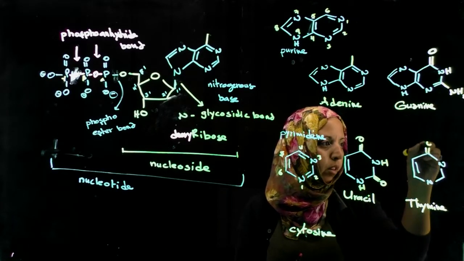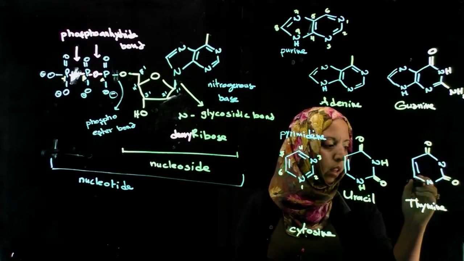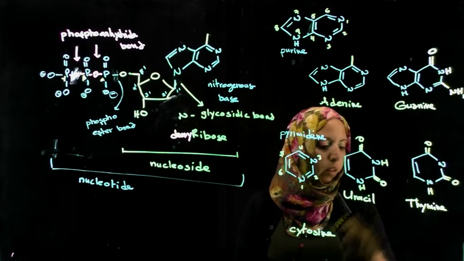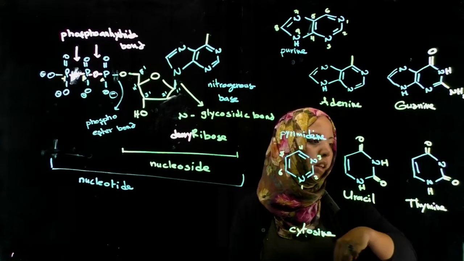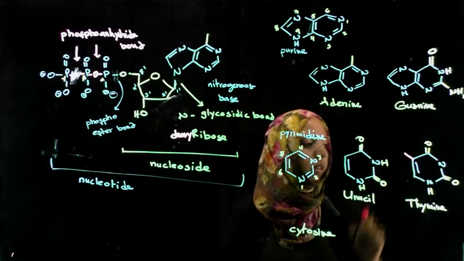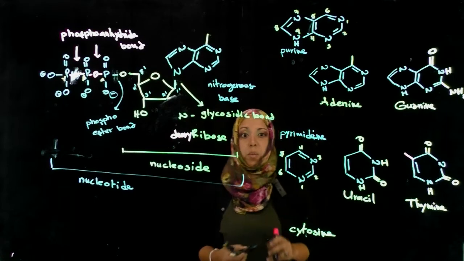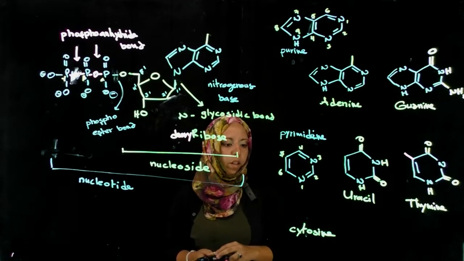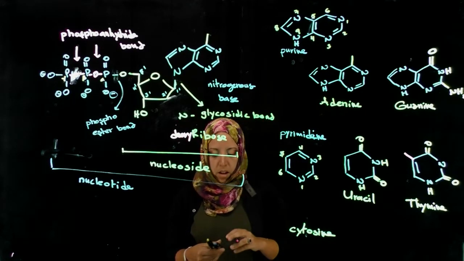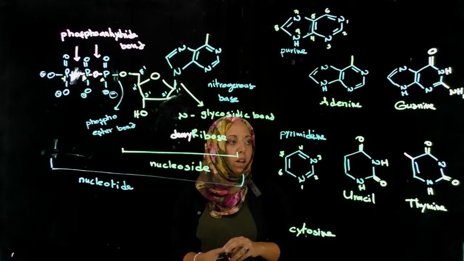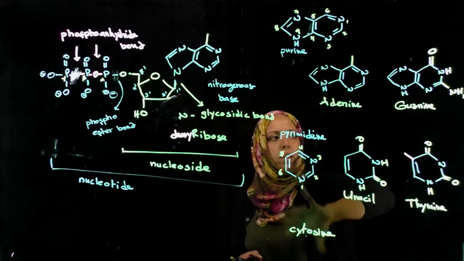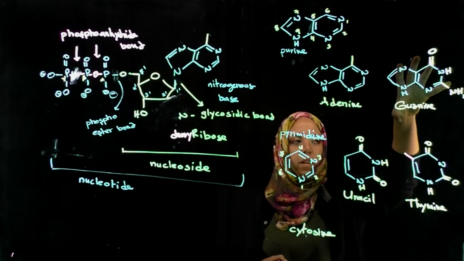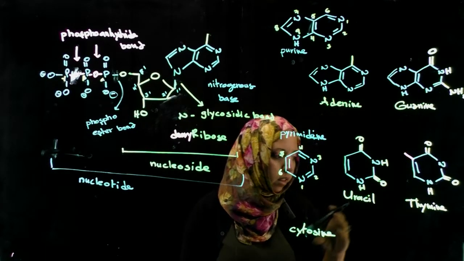So they're very similar, except that thymine, which is found in DNA, is methylated, right? There is a methyl right at 1, 2, 3, 4, 5, at carbon 5 of the nitrogenous base. Cytosine forms a bond. Later we'll talk about base pairing, but cytosine and guanine form base pairs.